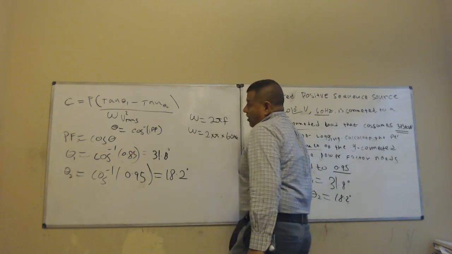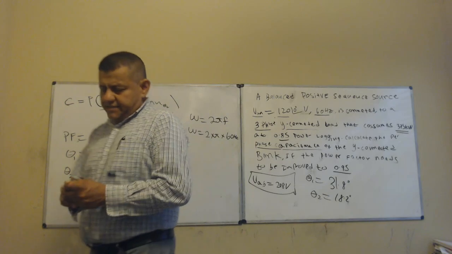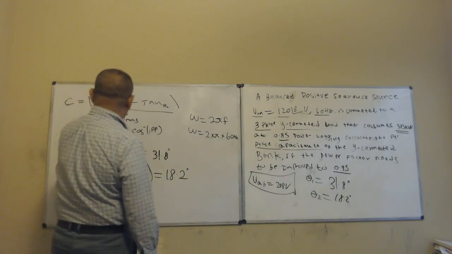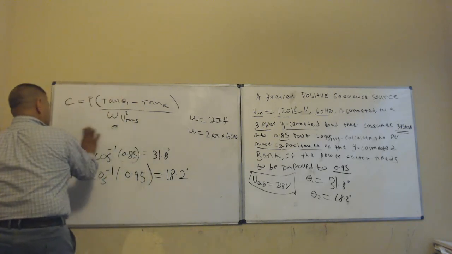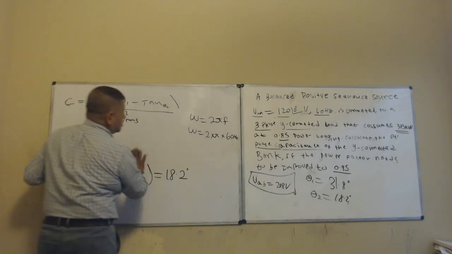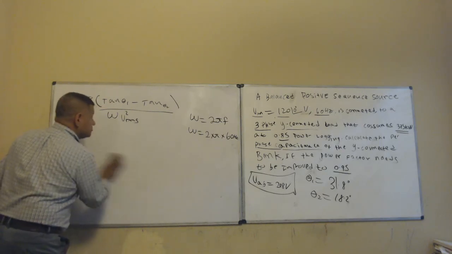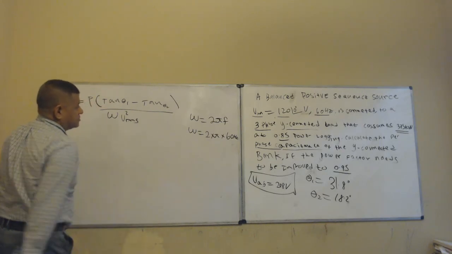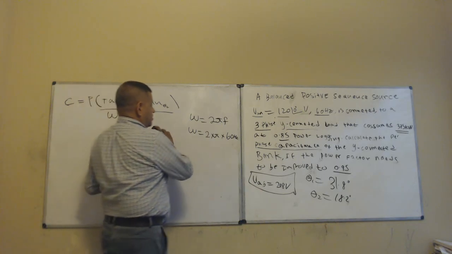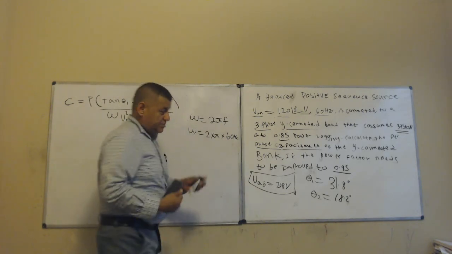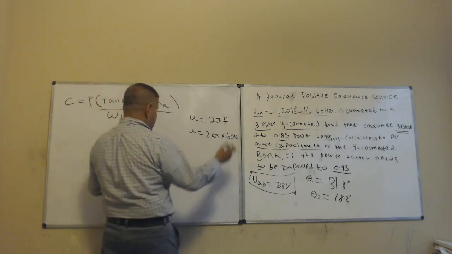Okay, so now that we have that, we can apply this formula. So we know that this is the formula that we're using. Let me just write it down here. I need some more space.